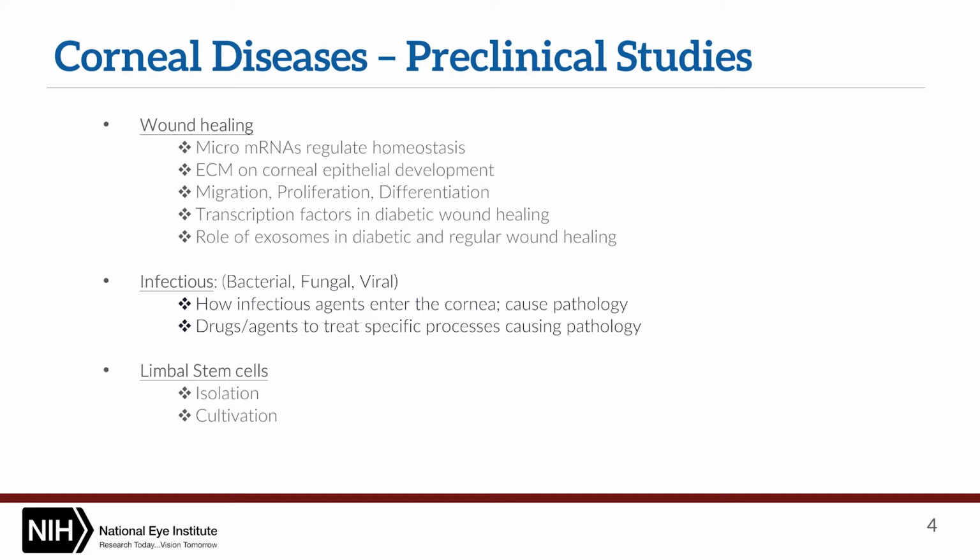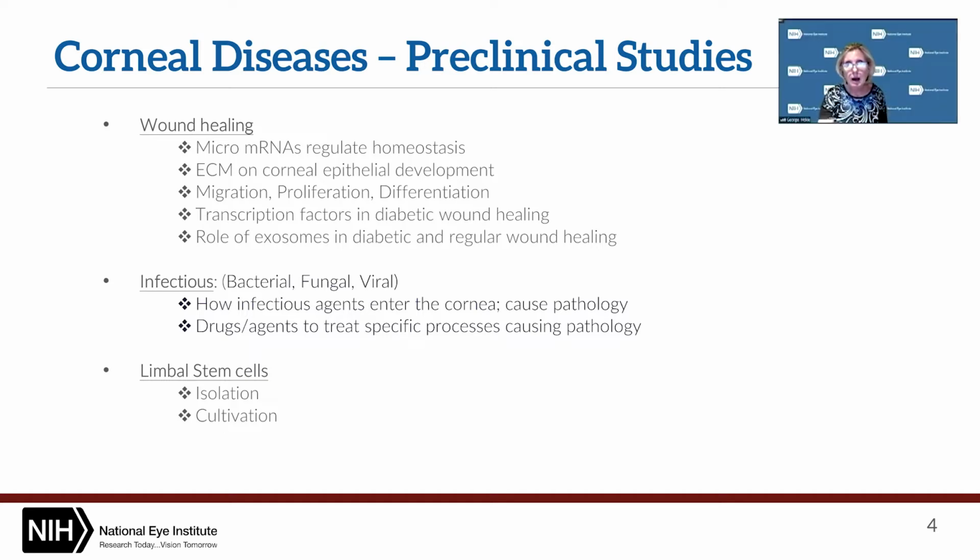Slide, Corneal Diseases, Preclinical Studies. For preclinical studies in corneal diseases, I bin them into a variety of groups just for my own method of binning them. We have applications looking at wound healing, for example, microRNAs regulating homeostasis, extracellular matrix on corneal epithelial development, migration, proliferation, and differentiation of epithelial cells, transcription factors in diabetic wound healing, and the role of exosomes in diabetic and regular wound healing.